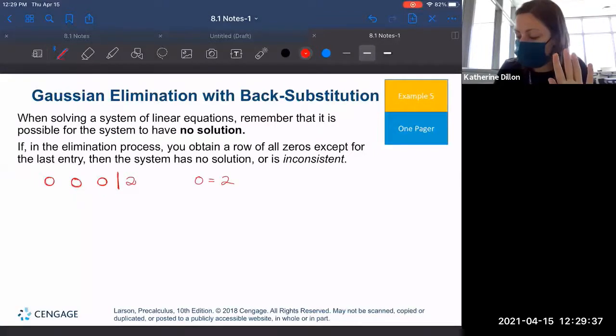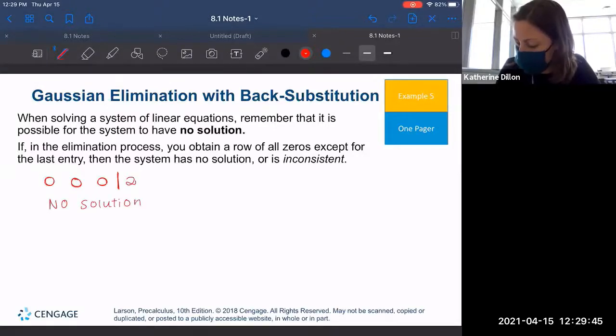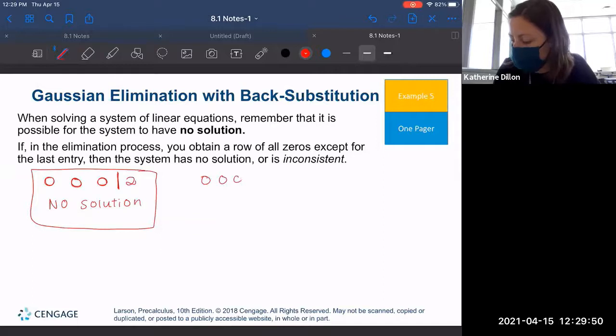That's false. That means no solution. So I'm going to write here, no solution. If you get 0, 0, 0, and another 0 for one of your rows, that means we might have infinite solutions. So that's exactly like when we get 0 equals 0, and that's a true statement. We'll have infinite solutions.